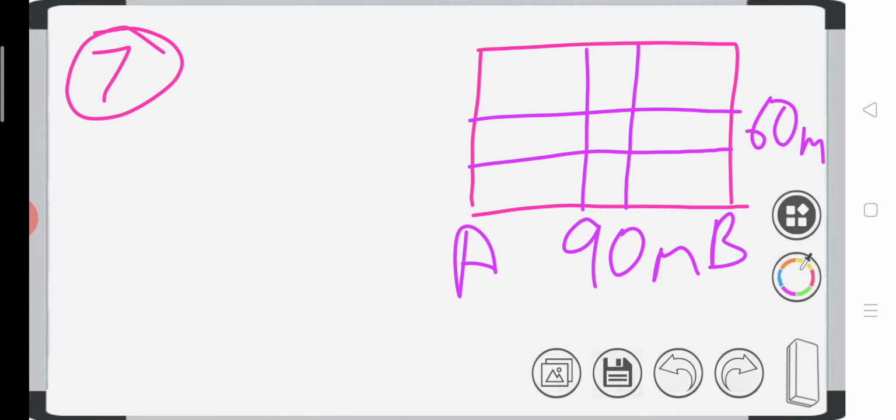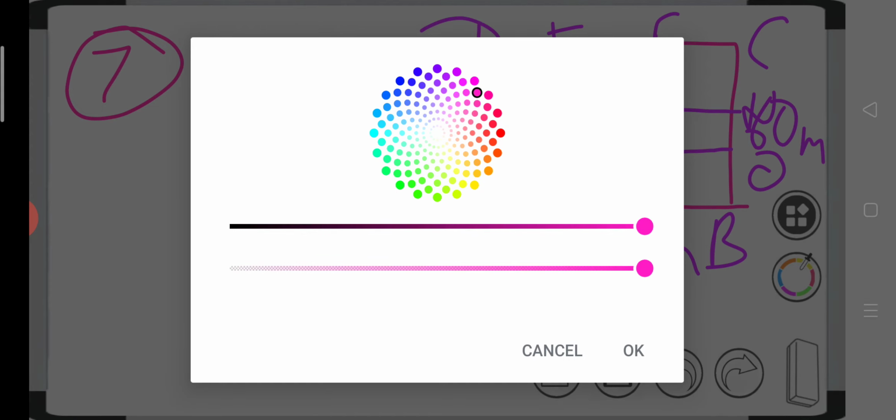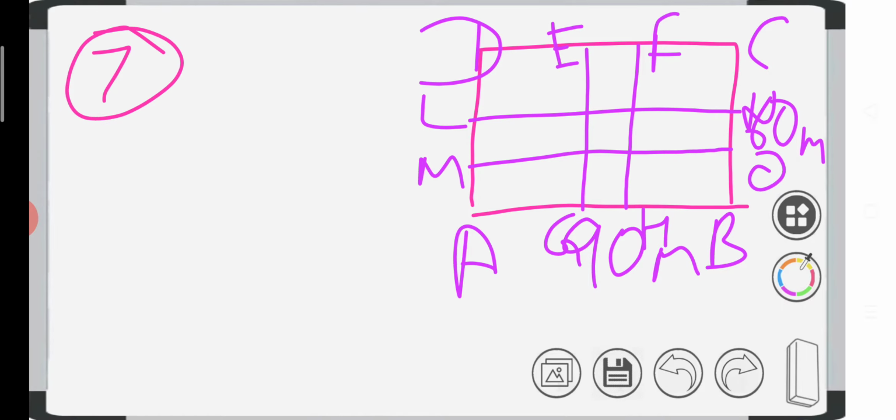Name it as A, B, C, D, E, F, G, H, L, M, N, O. Now the first question is you have to find out the area covered by these two roads. So first of all, we can calculate the area of LMNO because we know the length of MO, that is 90 meter, and we know the breadth.